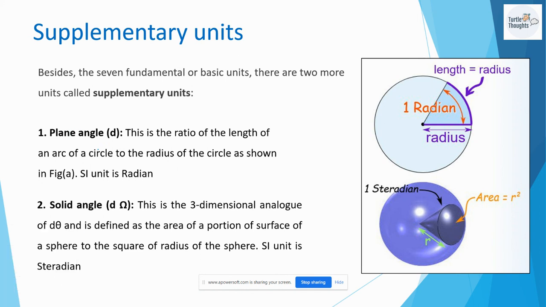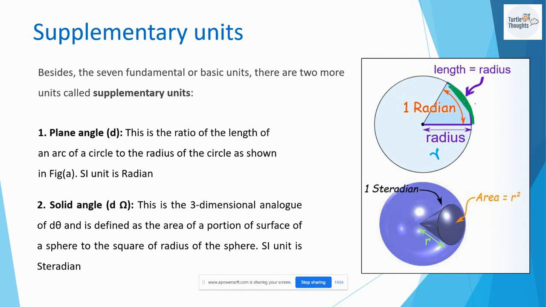Let us see what a plane angle is. If we consider a circle with a radius, say r, let the radius of the circle be r, and the length of arc, let me just highlight it over here with the green marker. So this length is called the length of arc.